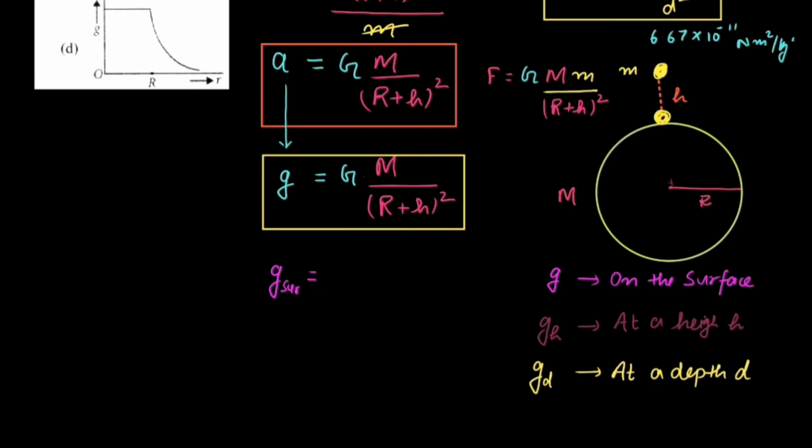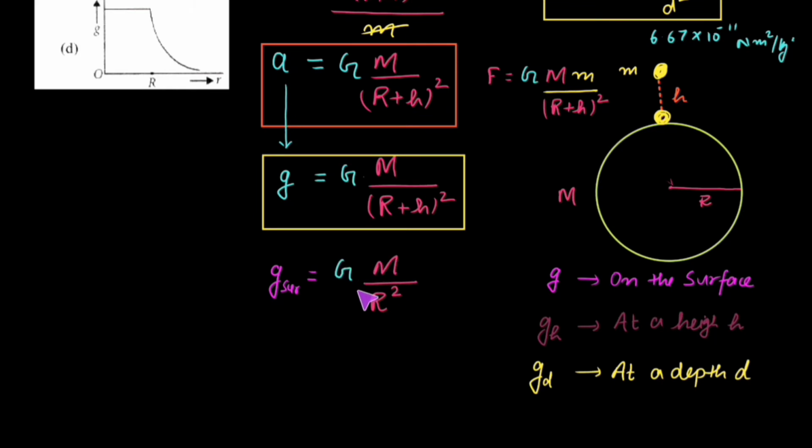This will be equal to capital G, which is the universal constant, into capital M divided by R plus H, where H is 0 here because the object is lying on the surface of Earth. So the value of H would be 0. So the only thing in the denominator would be R square. So this is the value of acceleration due to gravity on the surface of Earth.